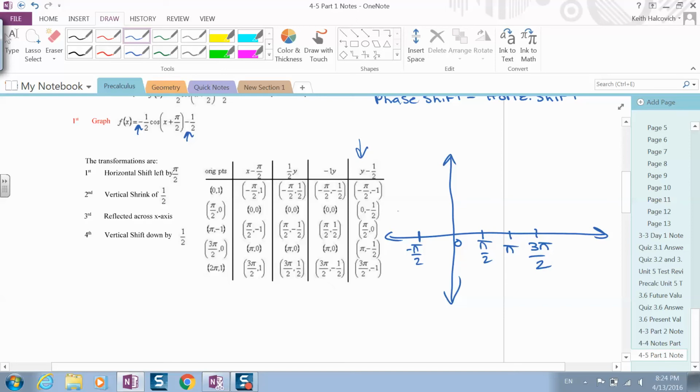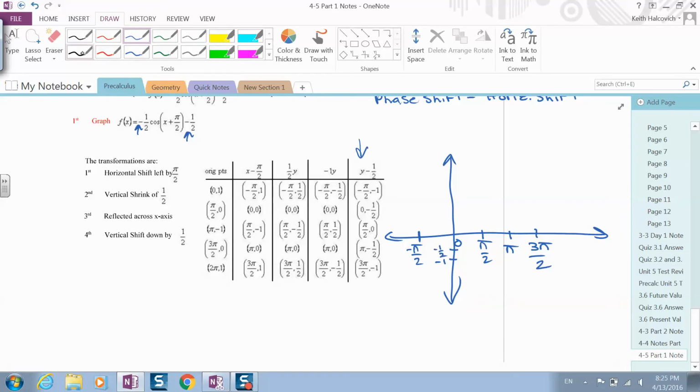The highest it goes up to is 0, and the lowest it goes down to is -1, so we'll make this -1 and this is -1/2.